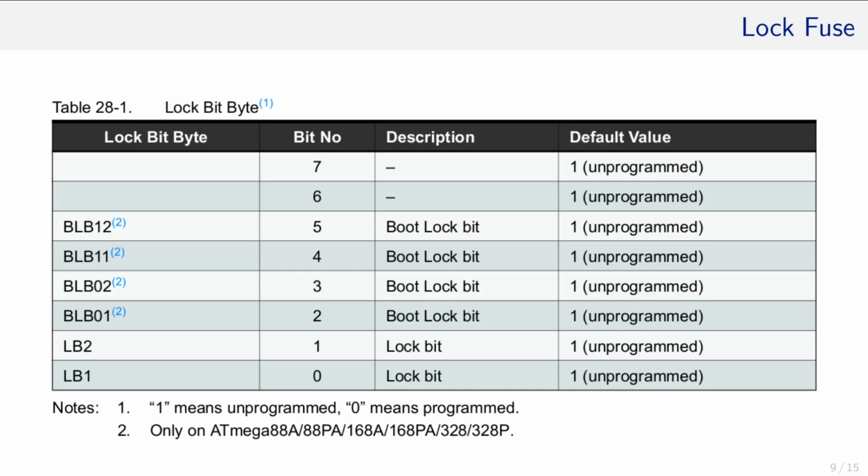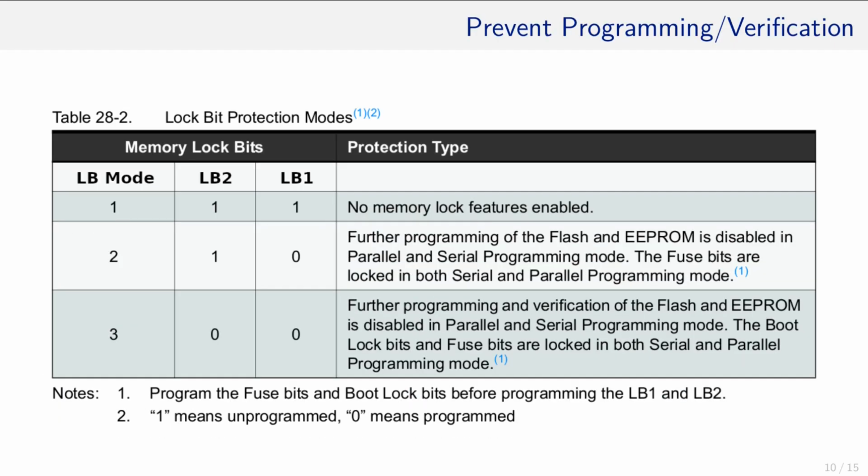As we can see, there are 2 more bits which we have not talked about yet. Those 2 least significant bits are just called lock bits. And what is their meaning? They allow us to encode 3 more protections. If both fuse bits are unprogrammed, that is set to 1, no restrictions are applied.